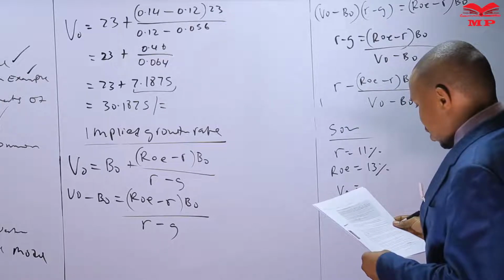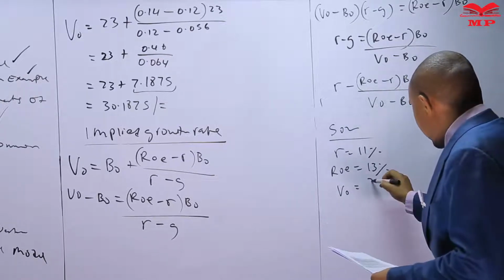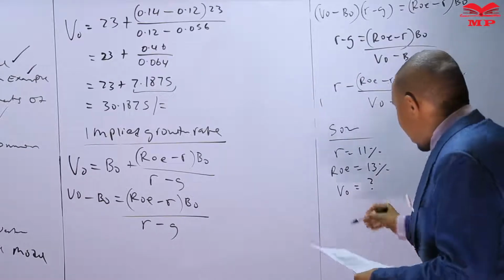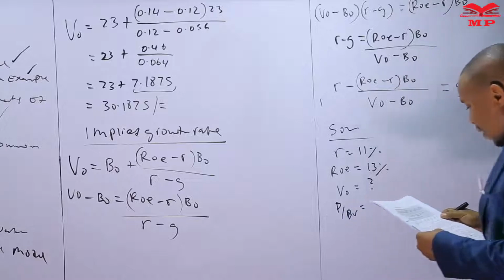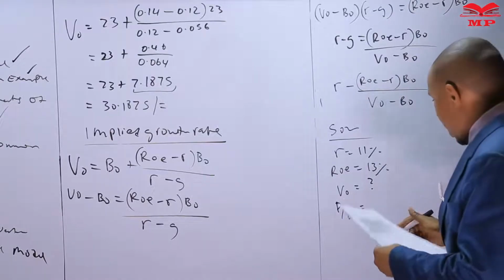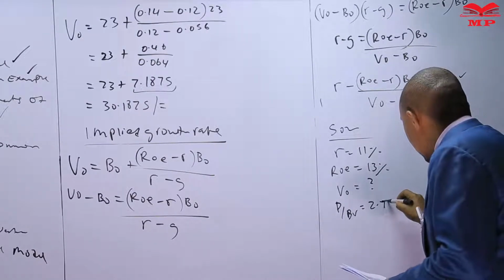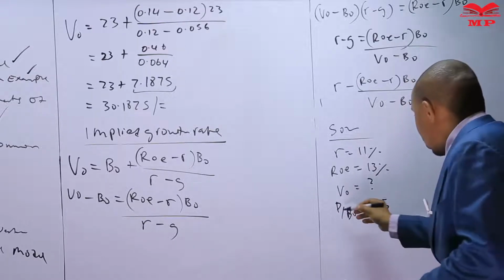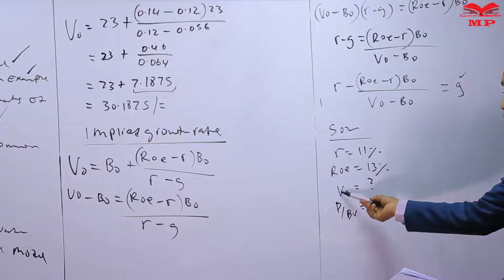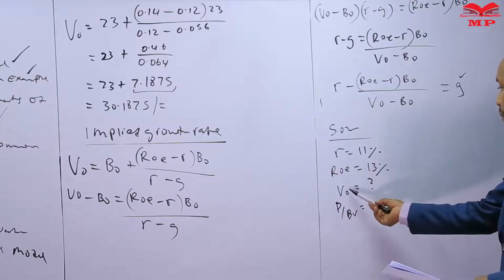No, we don't have the value of the share, but we have the price to book ratio, which has been given as 2.5. But it's okay. We can solve for the market price. P represents the same as the value there.